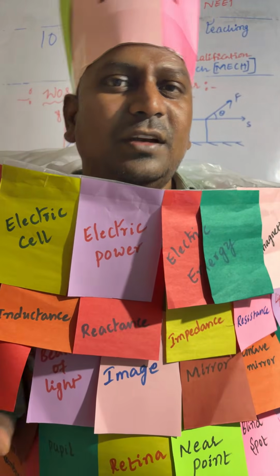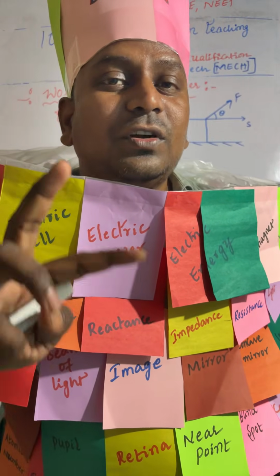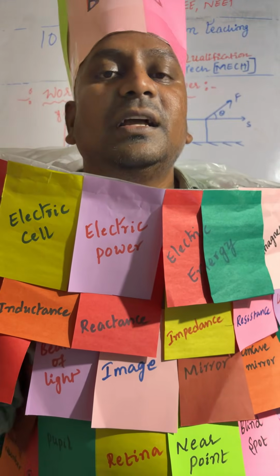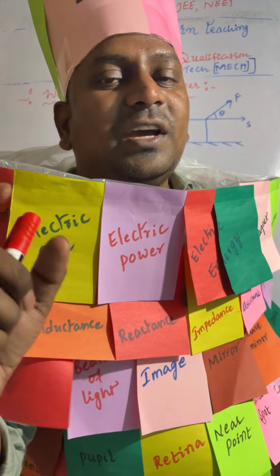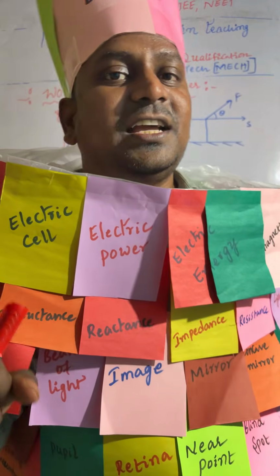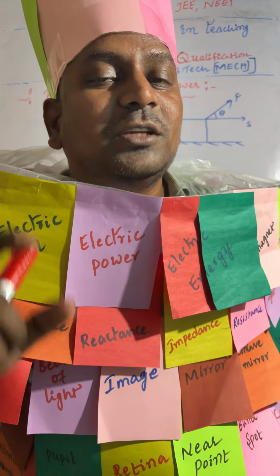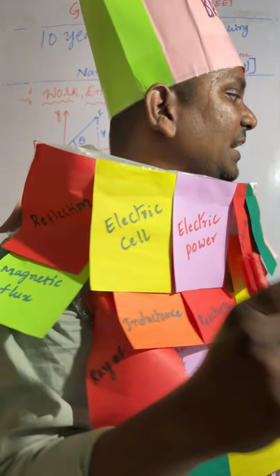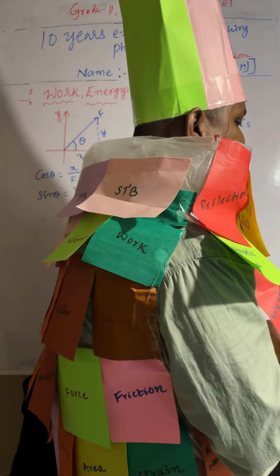If you resolve the force into two components, along the x-axis we get F cos theta, along the y-axis we get F sin theta. Understood?